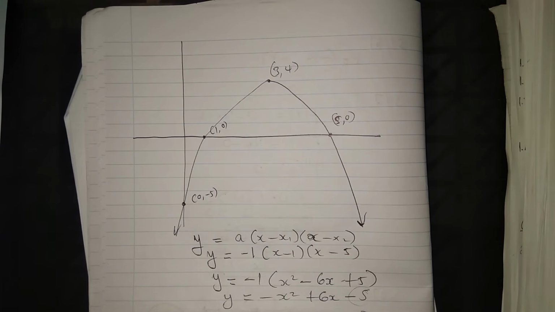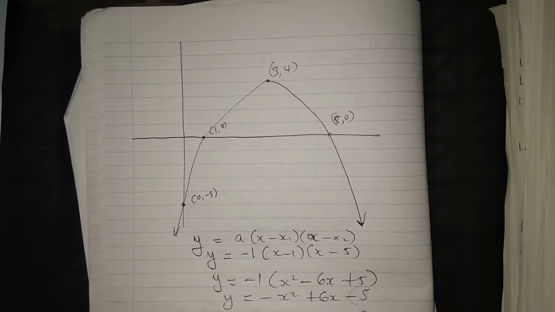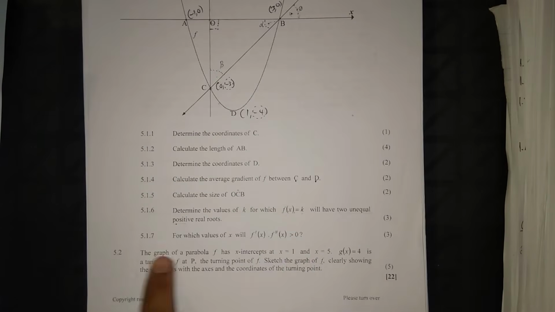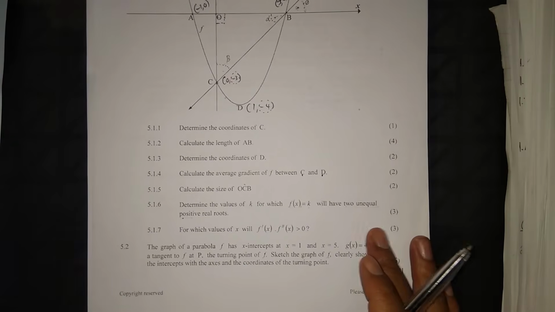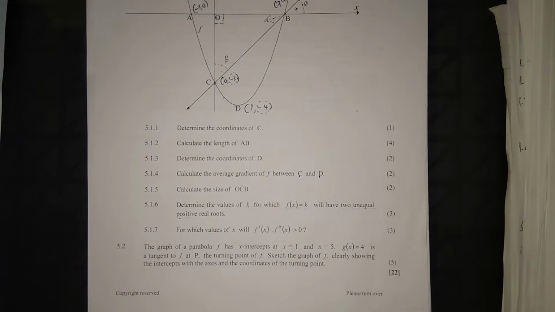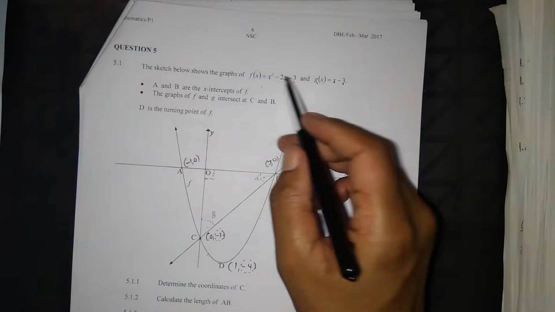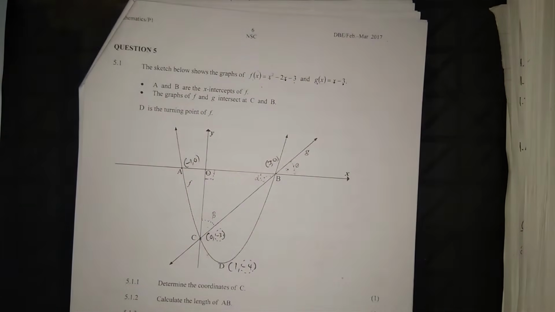So that is it for this question, our question 5.2 ends here. Sometimes they give you information like this and say sketch this function. They just give you the information, and you must process it. In what way? You must derive the equations, find the intercepts and things like those, so that you can sketch your function. So questions on functions can give you a graph to analyze, or give you just the functions and then you must sketch.